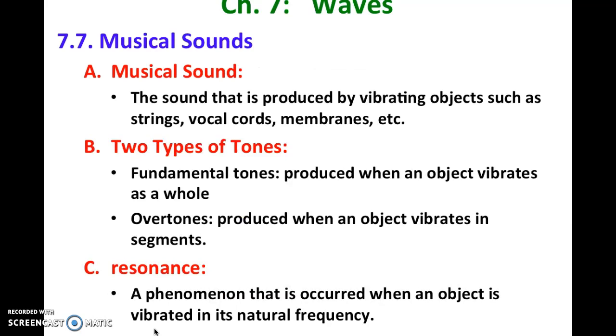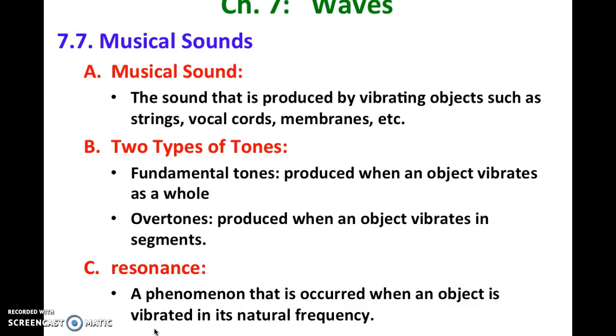Sound produced by vibrating objects such as strings, vocal cords, membranes, etc. is called music sound. Music sound has two types of tones, the fundamental tones and the overtones.